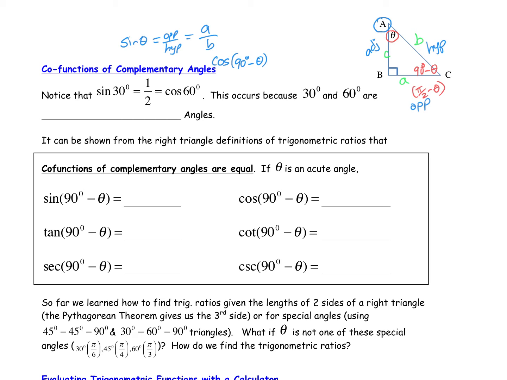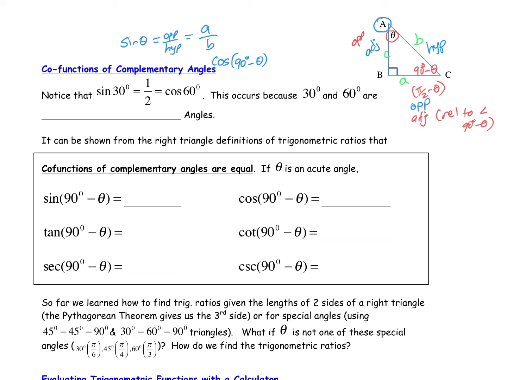In angle C, the hypotenuse is the same, but the opposite and the adjacent switch. So this is relative to angle 90 degrees minus theta.